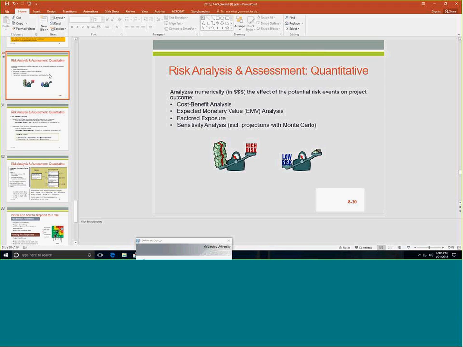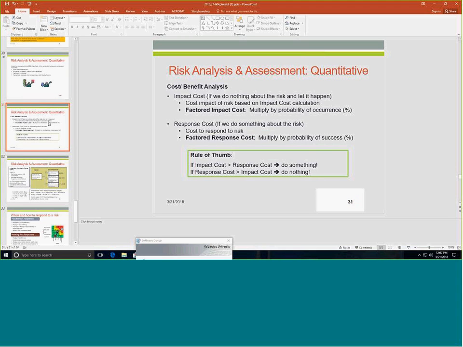We say that a high risk costs more money than a low risk, right? Here are different ways of calculating that risk cost, and we'll walk through a couple of those here.